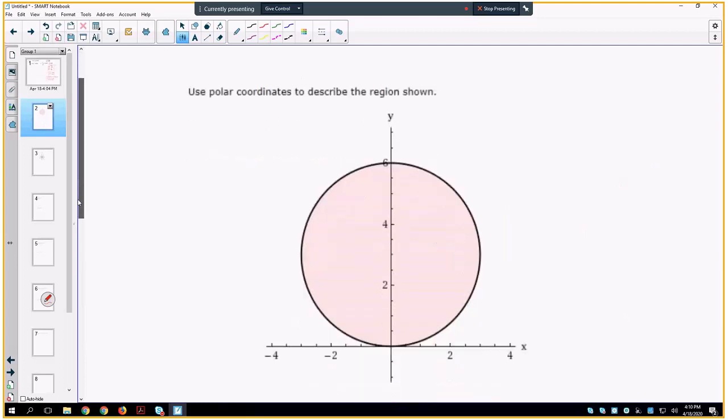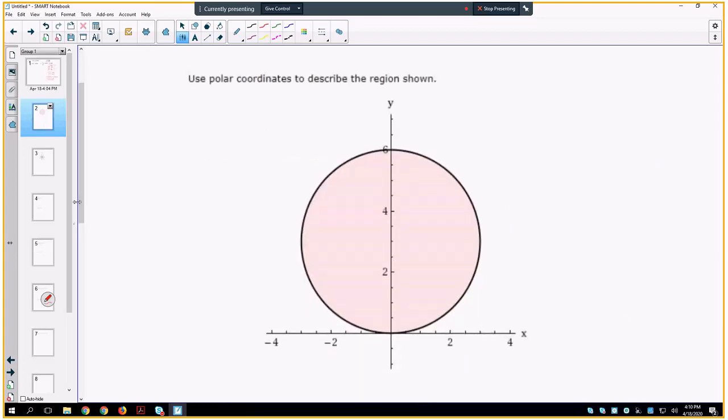So the first problem says use polar coordinates to describe the region. Now clearly I have a circle, and if we remember how to find the equation for a circle, we'll need to know its radius and its center. It looks like my circle is centered here at 0, 3.